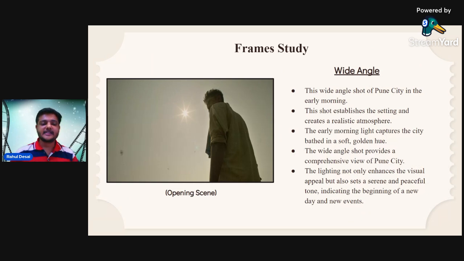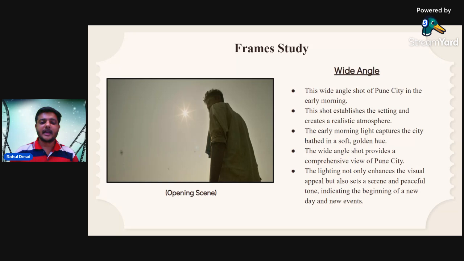In the opening scene of the movie Andhadhun, there is a wide angle shot of Pune city in the early morning. This shot establishes the setting and creates a realistic atmosphere and realistic color dynamics. The early morning light captures the city bathed in a soft golden hue.